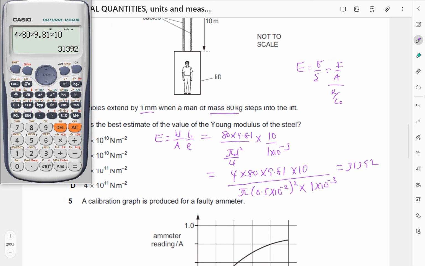In the denominator I have pi times 0.5 times 10 exponent negative 2, squared, times 1 times 10 exponent negative 3. So I'll just get 31392 divided by the answer. So I am getting 3.9 times 10 power 11. Is that okay?